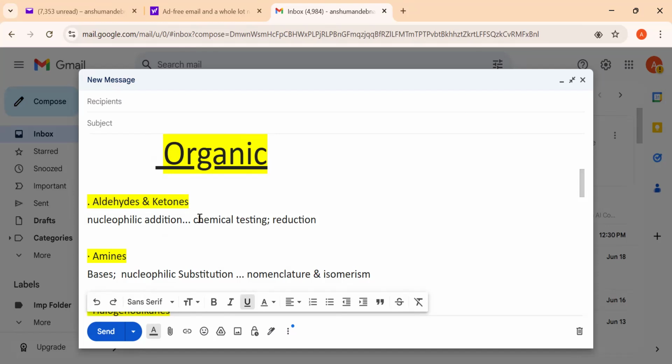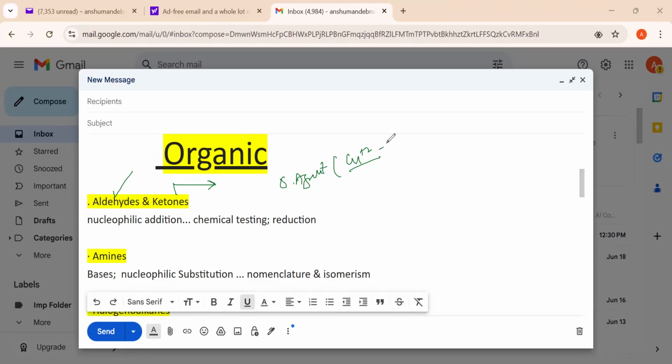Aldehydes and ketones, nucleophilic addition reaction they undergo, right? We know that. Chemical testing of the aldehydes and the ketones, we know that aldehydes will undergo oxidation to a carboxylic acid. Ketones do not, because they don't have any leaving hydrogen, right? So if you add an oxidizing agent, what are the oxidizing agents we have? Copper 2 plus ions, right?